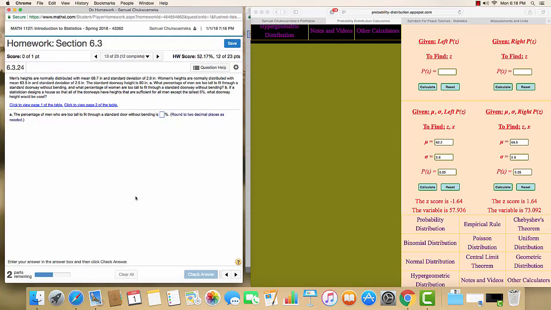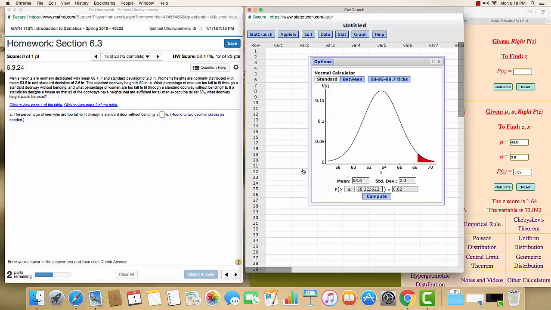Question 13. StatCrunch. Men's heights are normally distributed with mean 68.7 inches and standard deviation of 2.8 inches. Women's heights are normally distributed with mean 63.5 inches and standard deviation of 2.5 inches.